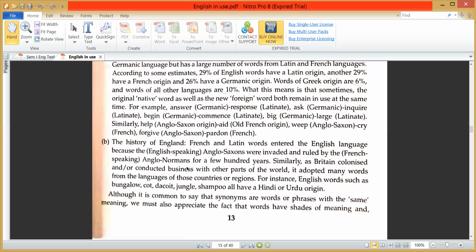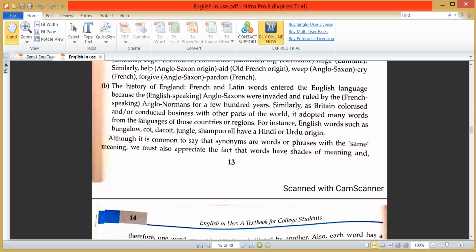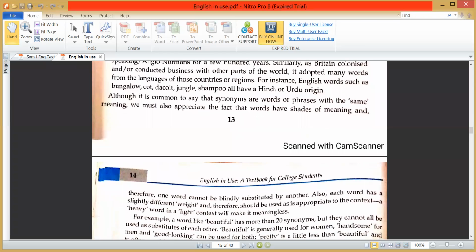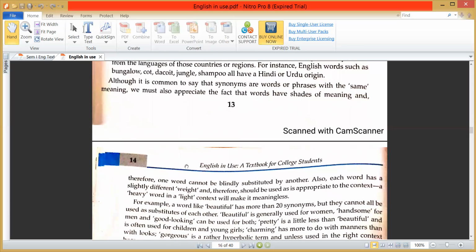That is the reason wherever they had been, they added that vocabulary into the English language. And that is the reason there are n number of words we can find when we pick any word. For it as an antonym, we have a lot of words similarly.